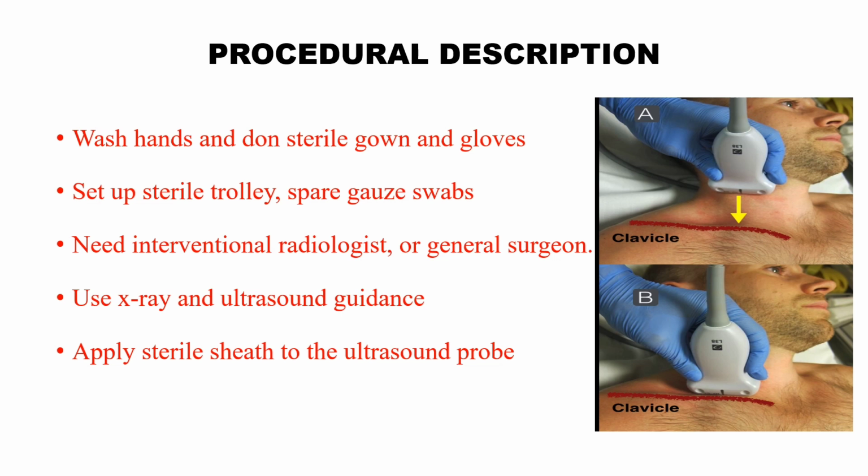The interventional radiologist uses X-rays and ultrasound guidance along with minimally invasive technique to perform the procedure, and applies the sterile sheath to the ultrasound probe, which is used for defining the anatomy under ultrasound guidance, inserting the lidocaine continuously and subcutaneously around the internal jugular.